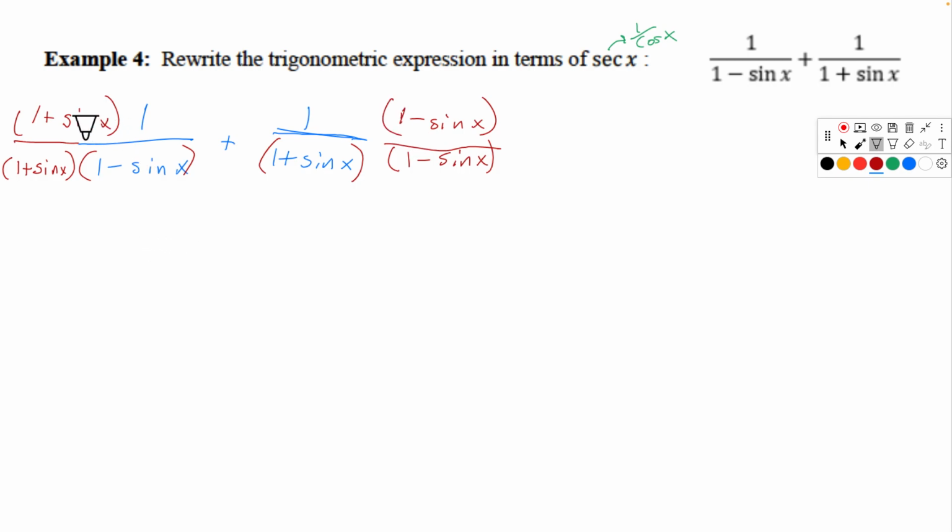Okay. So in the numerator, here we're multiplying by 1. So we've got 1 plus sine x. We've got a plus sign here, so that comes there. This one is going to be 1 minus sine x.